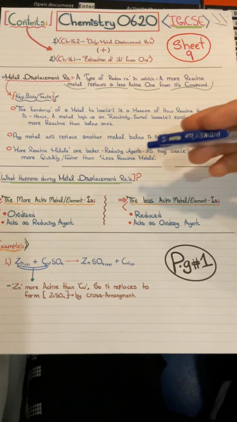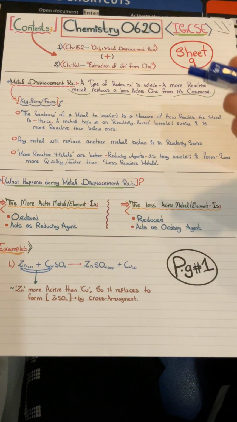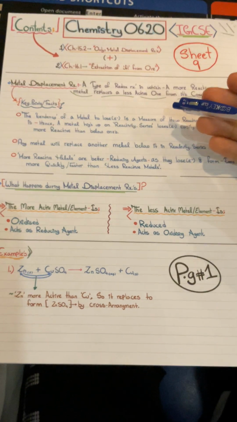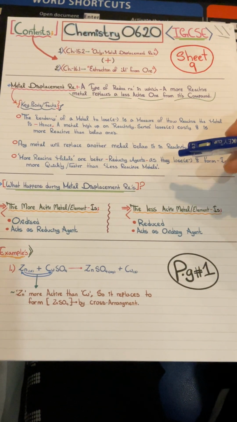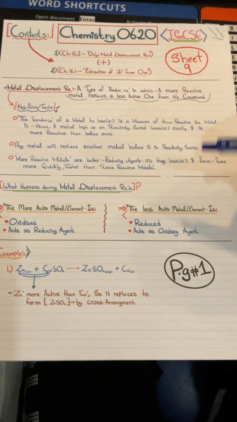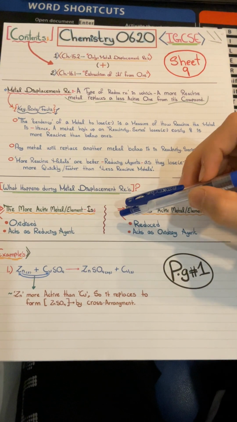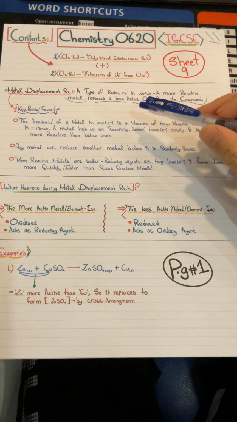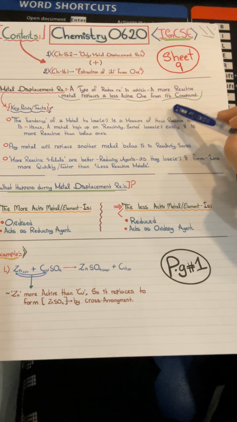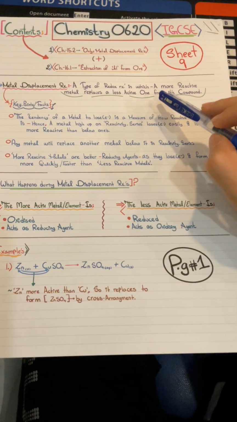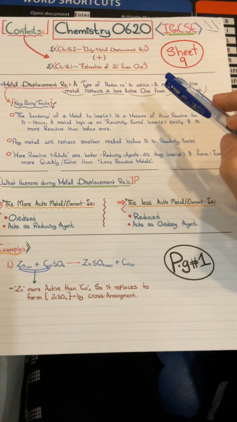So an element that is more active will lose electrons at a faster rate compared to an element that is less active, which will lose electrons at a slower rate. And we know, according to the reactivity series of metals, as you go from down to up, reactivity is increasing. So the most reactive metals have a higher tendency to lose electrons.